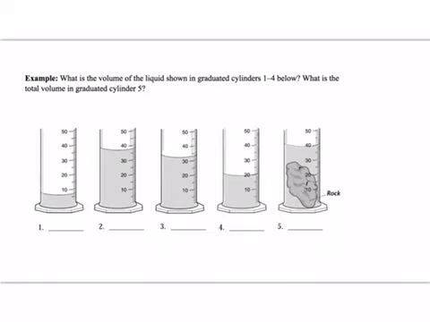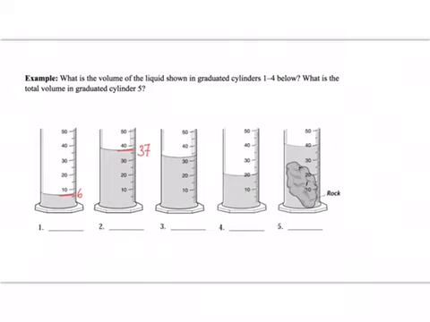Now let's read the given volumes of the liquids. Now I'm going to read the bottom of the meniscus, which is equal to 6. In the second one, take the level from the meniscus, which is equal to 37.